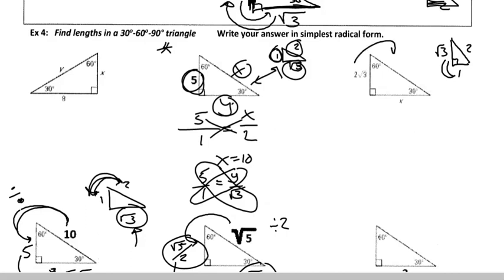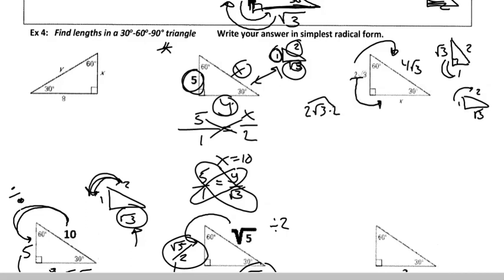How do I get from here to here? Well, we already looked at this. 1, 2, rad 3. Talked about how you multiply by 2. So this times 2, 2 rad 3 times 2 is 4 rad 3.